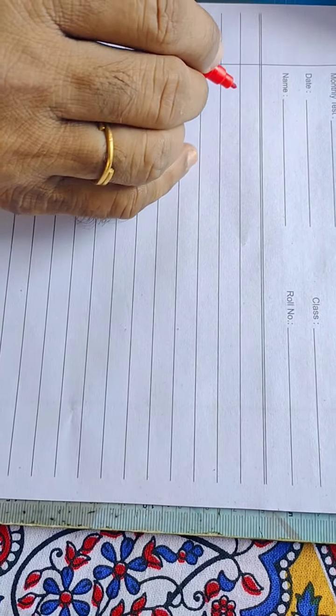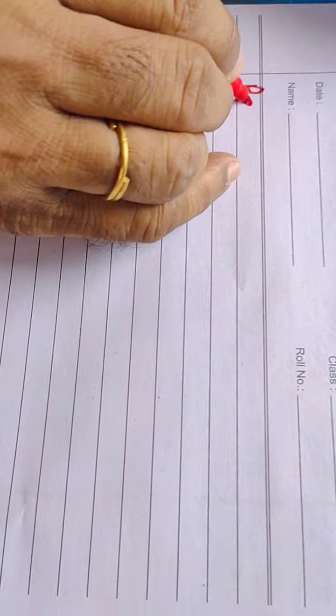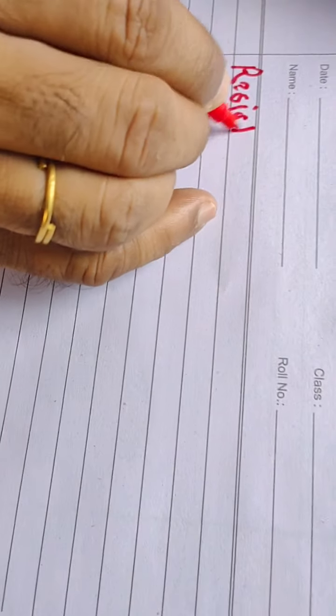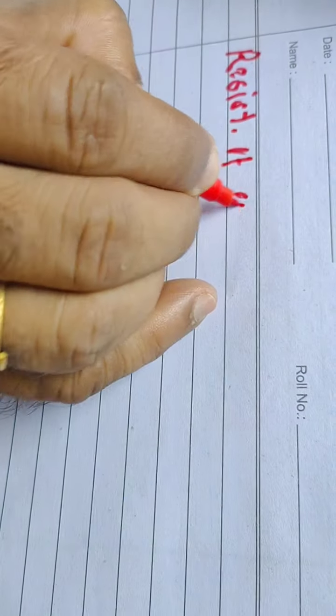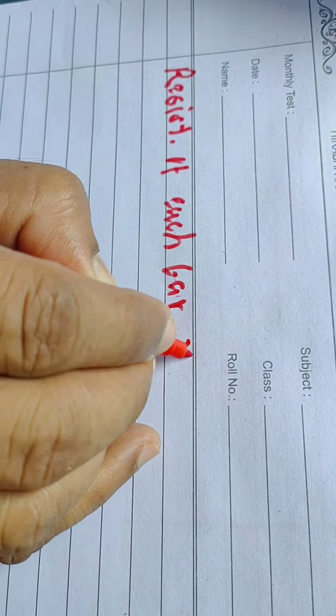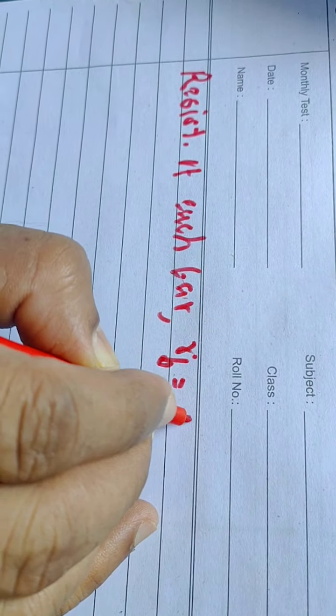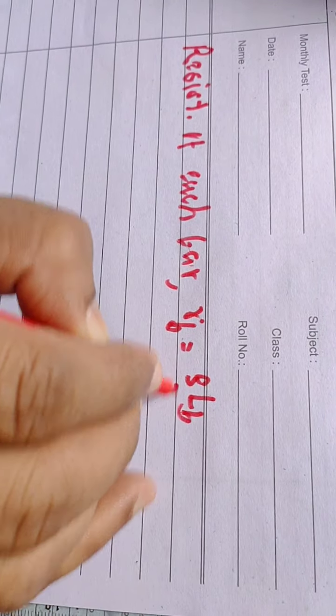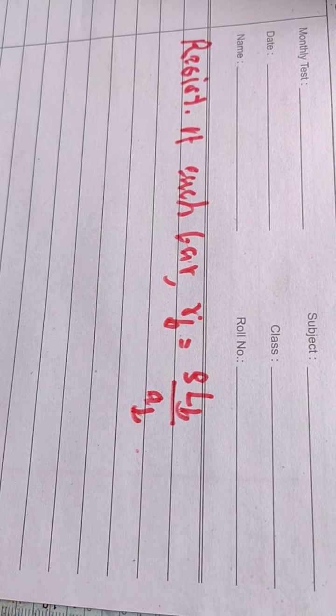So the resistance of each bar, RB, is rho LB upon AB.